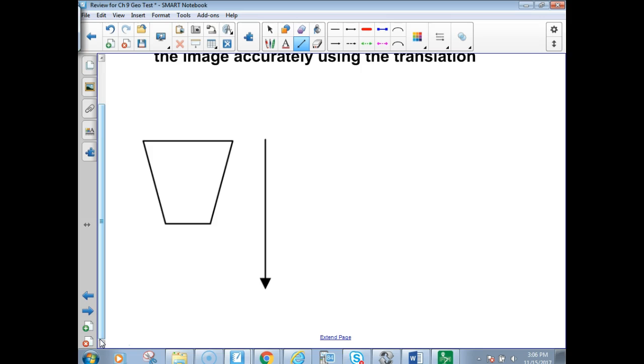Get some of my stuff out of the way. All right, my computer was not cooperating with me using the document camera, so I'm going to have to go ahead and just tell you what to do.